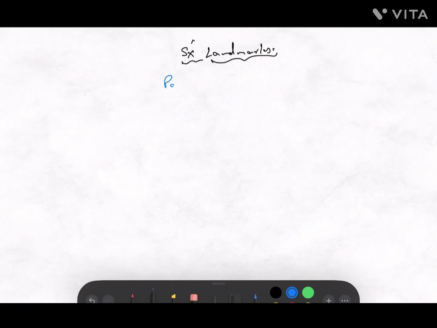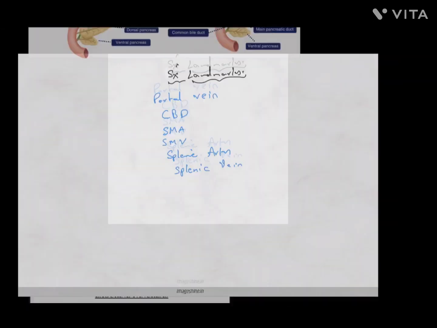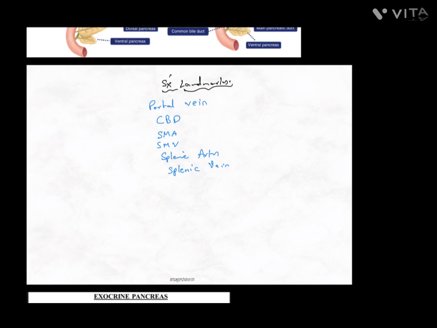First one we can see the portal vein, common bile duct, superior mesenteric artery, superior mesenteric vein, splenic artery and splenic vein. These are the important structures at risk during surgery. So, this is the little bit of surgical anatomy.